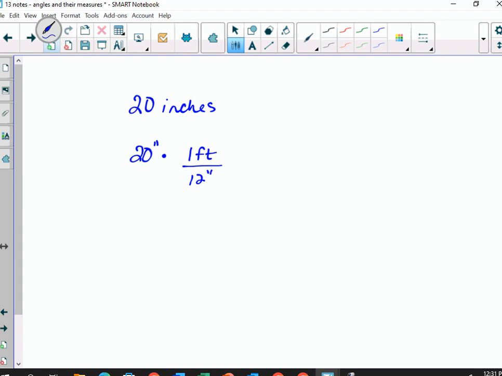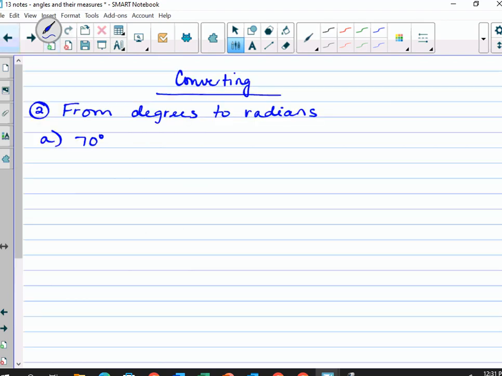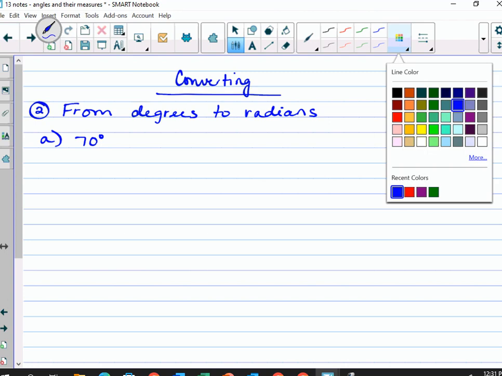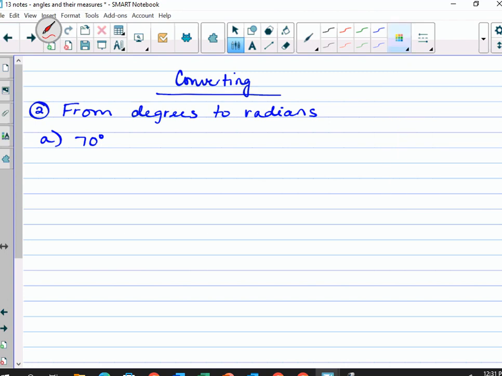Okay, 1 foot and 12 inches are essentially a fancy way to write 1. That's what we're going to do here with our radians. So if I want to turn it into radians, I need the radian part in the numerator, the degree part in the denominator. So whatever you're trying to turn it into is in your numerator. You can also look and go, okay, my degrees would cancel out, which is what I want.